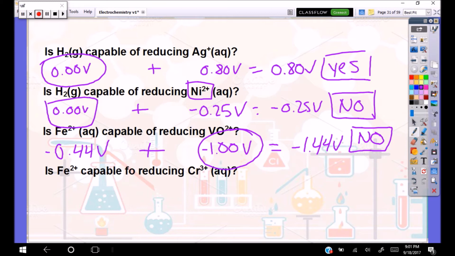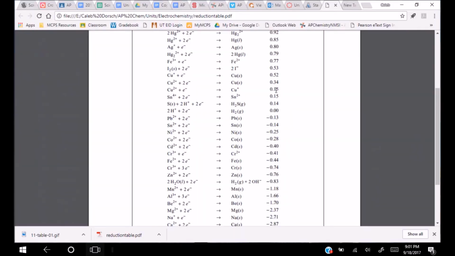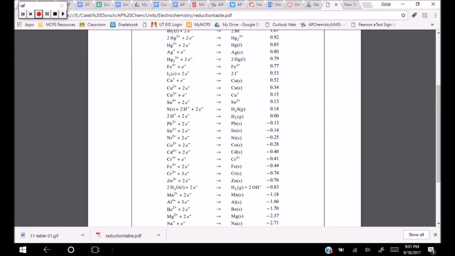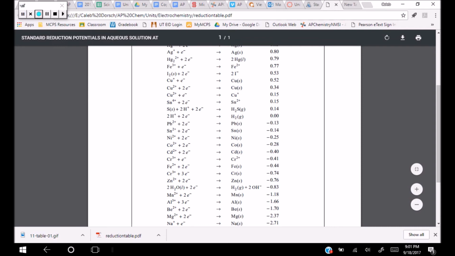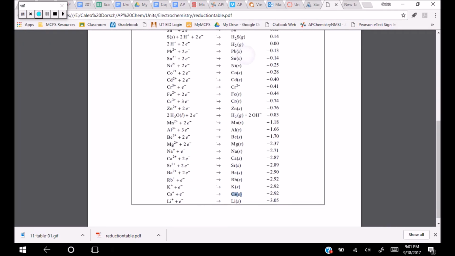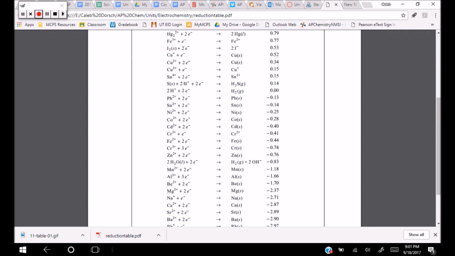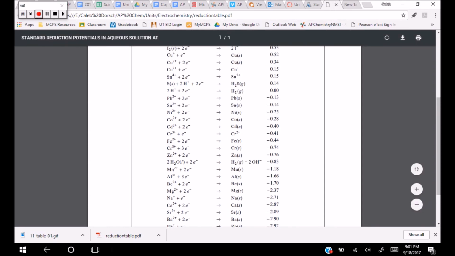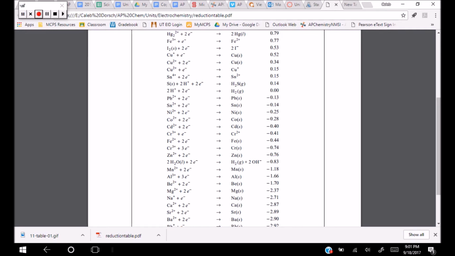Okay, we want to do the same thing here. So we've got the negative 0.44 volts, right? And we want to figure out chromium 3+. Can chromium 3+ be reduced? Chromium 3+ can be reduced to 2+, or it can also be reduced, I believe it's more at the bottom here. Where did it go? We can reduce chromium 3+ straight to chromium, and it has a negative 0.74 value, or we can reduce it from 3+ to 2+, which would be a negative 0.41 value.